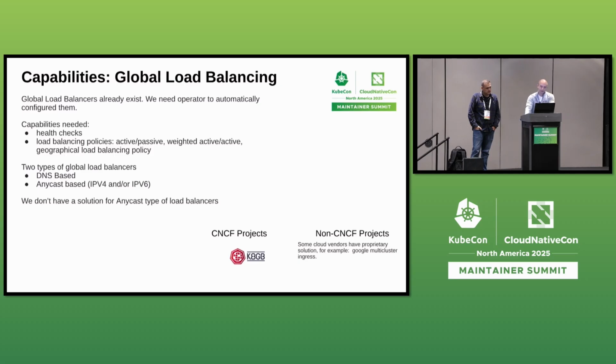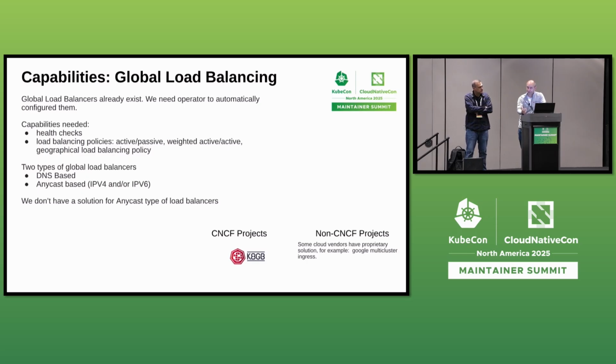So first, global load balancer, it's needed everywhere, right? Global load balancers already exist everywhere, because every customer has two or three data centers, or they have regions in the cloud, so they will have a global load balancer. What we need here is something that configures the global load balancer automatically based on what's happening in the cluster, right?